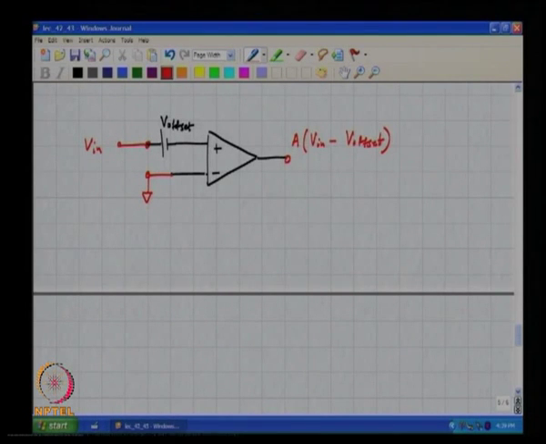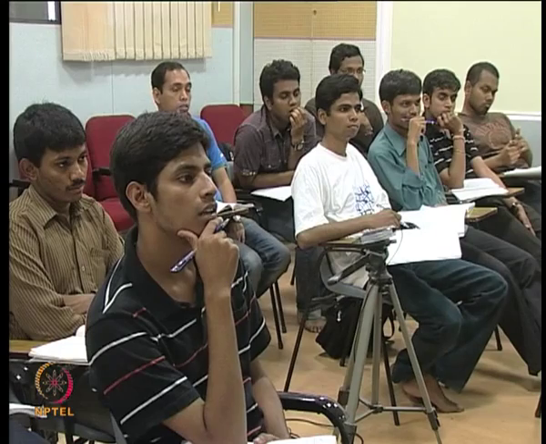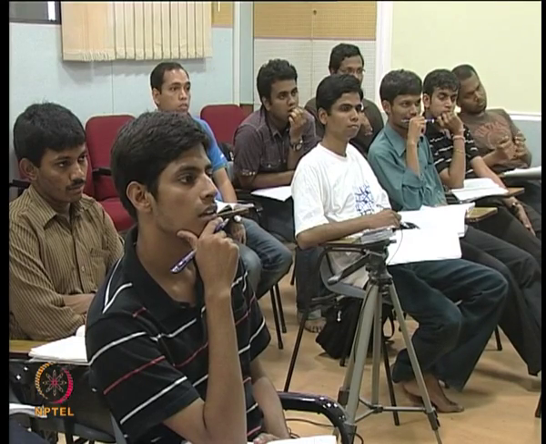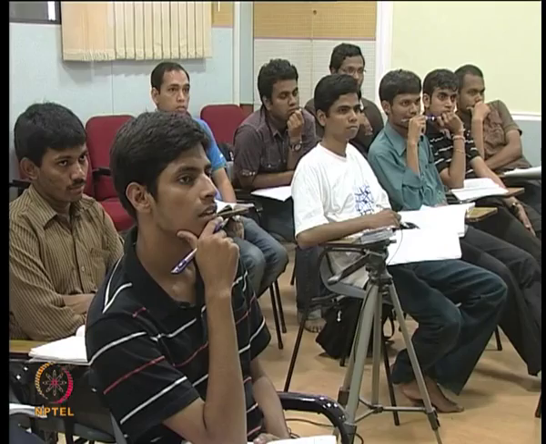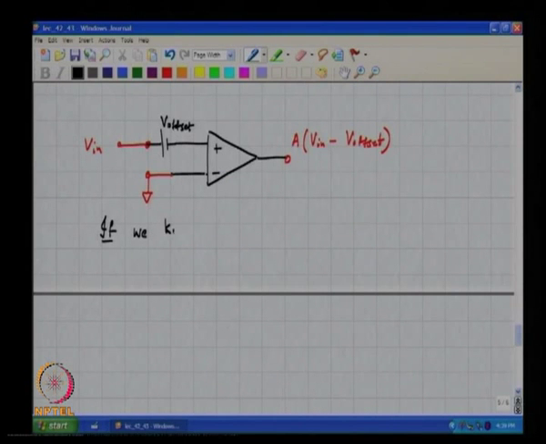Well, yeah, you can think of it in several ways, but the basic idea seems to be like, if we know V offset, right, then instead of applying V in to the preamp, we will apply V in plus V offset to the preamp rather than V in.